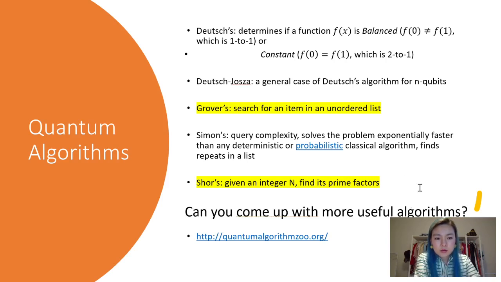There are not a lot of quantum algorithms that are distinctly different. These are some examples that do different things, and most of the later algorithms are developed based on those. Here is a link where you can find all kinds of other algorithms, and I hope that through your self-study of quantum computing, you will be able to come up with more useful algorithms in the future.